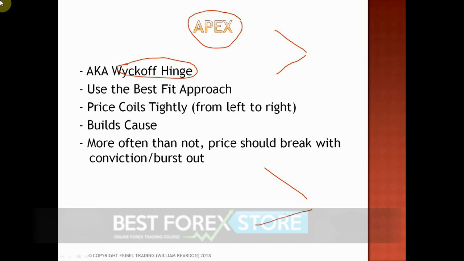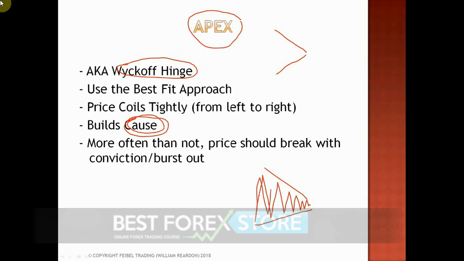Well, we need to see price tighten. We need to see it coil up, like so. And what this does is to build cause. What do I mean by this? We studied cause and effect, I think in session 3 or 4. It's one of the universal laws of trading.